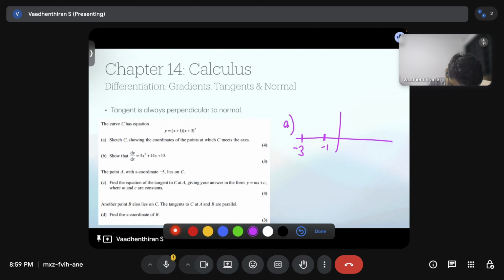It will somewhat look like this. Since it's x plus 3 squared, there will be a turning point at -3. So it should be something like this, and then the turning point.